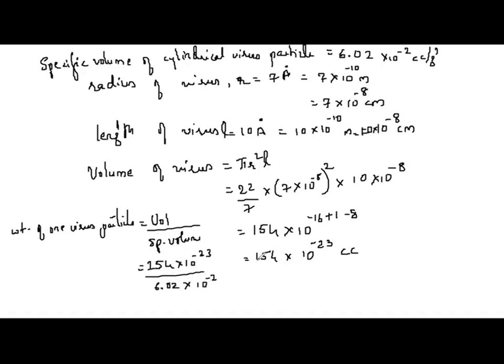So the answer comes out to, we'll keep it as it is, molecular weight of virus. This is the weight of one virus particle, but here they have asked for molecular weight, which is nothing but the weight of Avogadro number of particles.